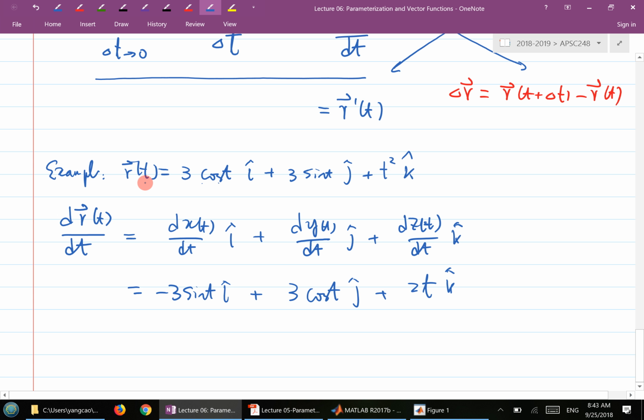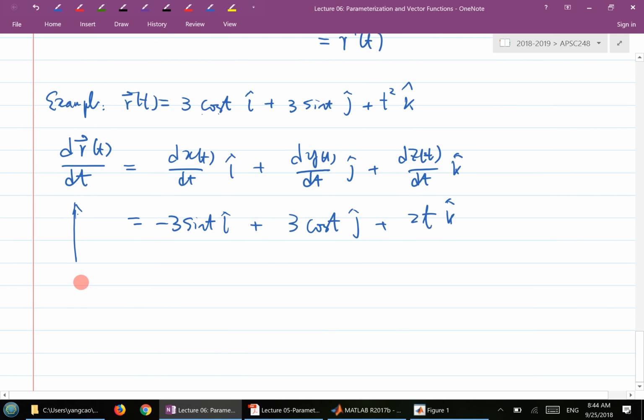You get not velocity, the more precise description is speed, right? You get a speed. So if r of t represents a position vector, then when I take a derivative, technically speaking, what do we call this? The velocity vector.